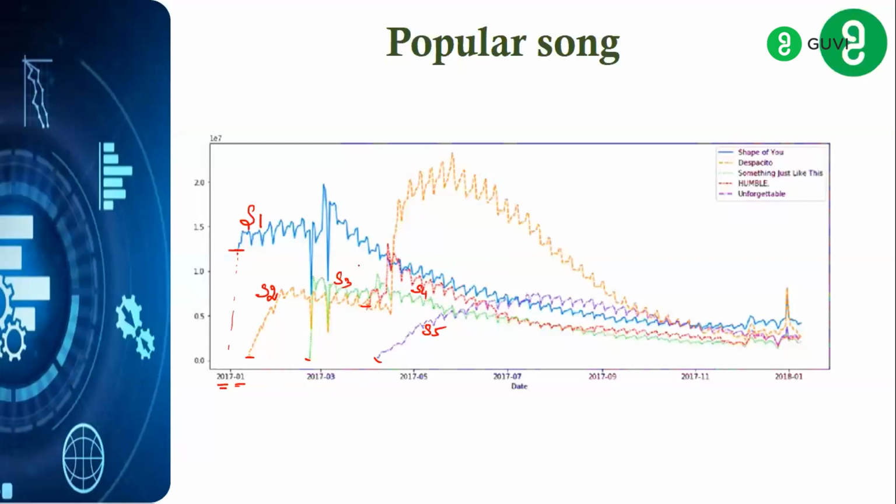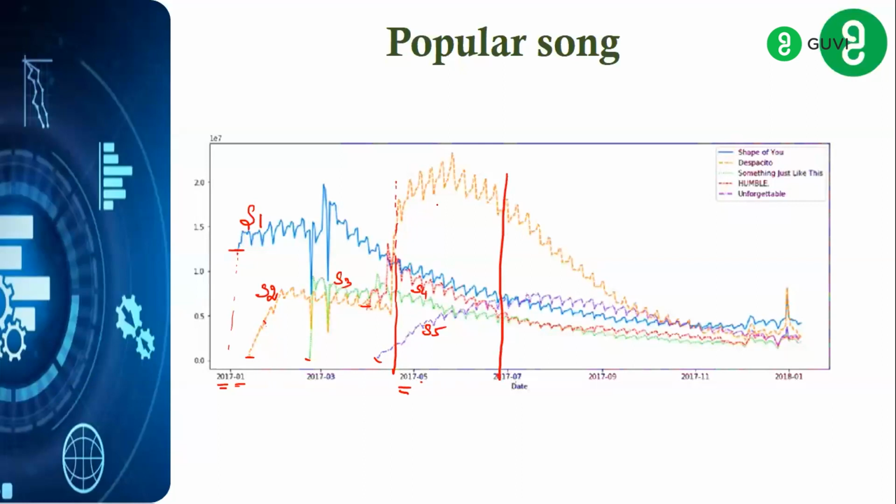By observing this chart itself, I can state that song two, that is Despacito, got a sudden bump during this period, during 2017, from May to July.